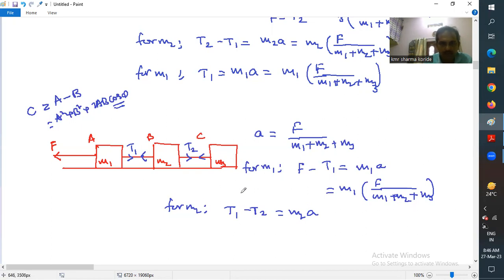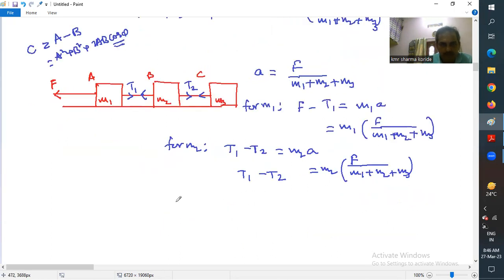Then next, you can replace A once again with F by M2 plus M3, because together they are moving. Next, so T1 minus T2.